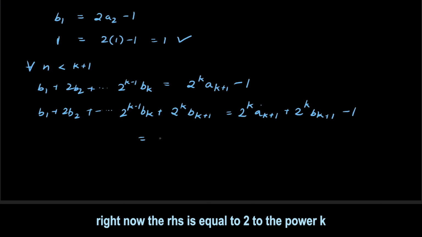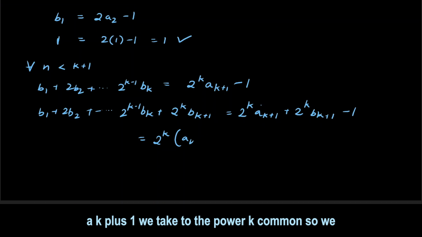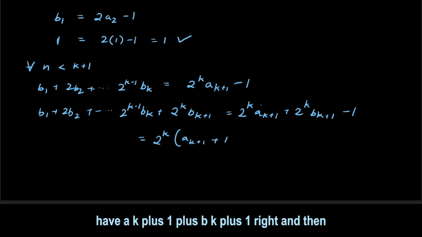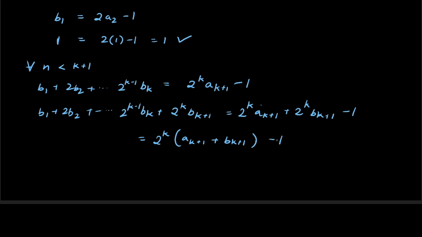Now the RHS is equal to 2 to the power k a_{k+1}. We take 2 to the power k common, so we have a_{k+1} plus b_{k+1}, right? And then minus 1.